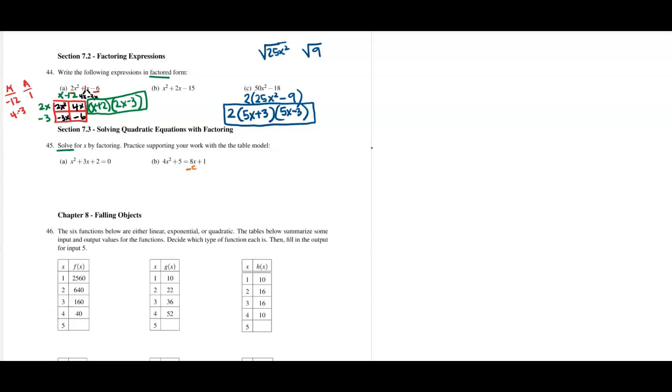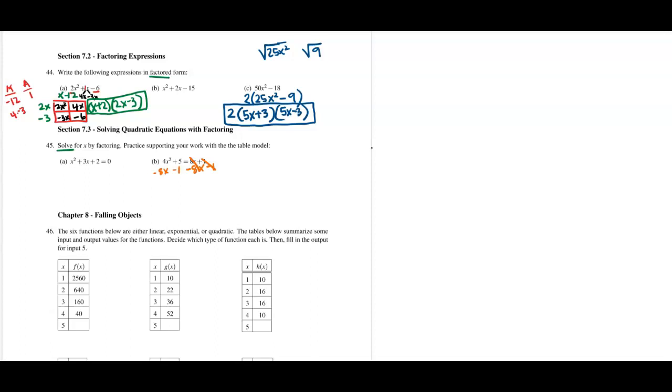So that means I want to subtract my 8x over here, and I want to subtract my 1 to the other side also. Kind of a mess there.